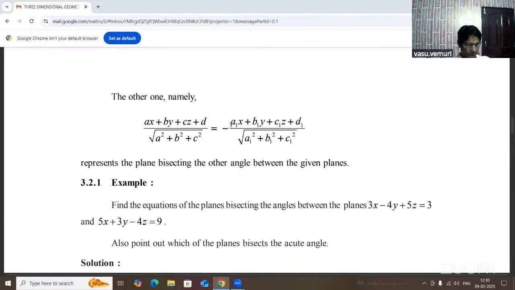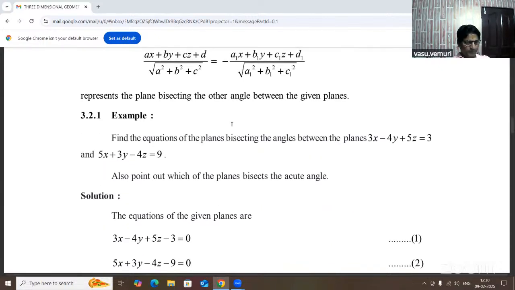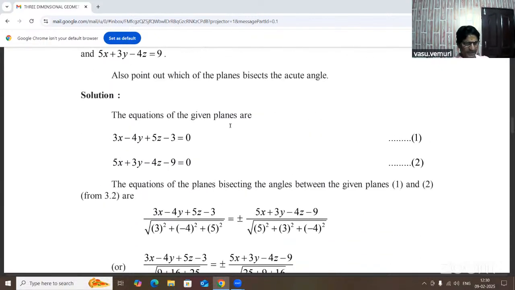There are two planes given, and first of all you must write the bisecting plane. So modulus of (a1x plus b1y plus c1z plus d1) by root of (a1 square plus b1 square plus c1 square) equals modulus of (a2x plus b2y plus c2z plus d2) by root of (a2 square plus b2 square plus c2 square).